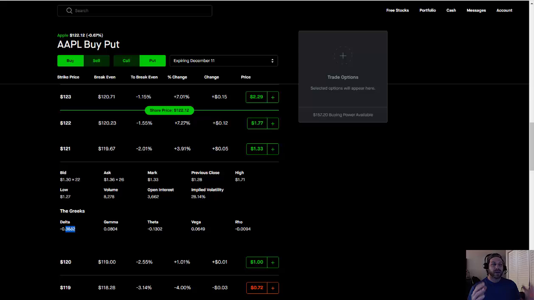Now, delta goes up as it gets closer to your price and you have enough time. So, in a sense, that price would keep going up, like 0.4, 0.45, 0.5, right? And that's to the movement of $1 of Apple.